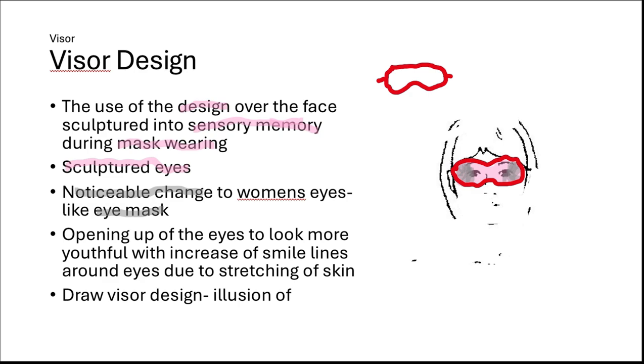Opening up of the eyes to look more youthful with an increase in smile lines around the eyes due to the stretching of the skin. So to say that in the time that this eye visor has occurred, which is the COVID period, 6 years or something, that people have appeared more youthful.